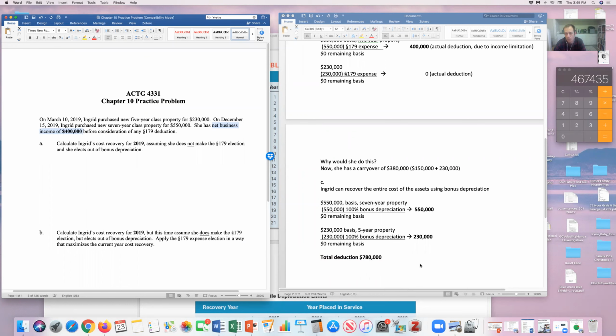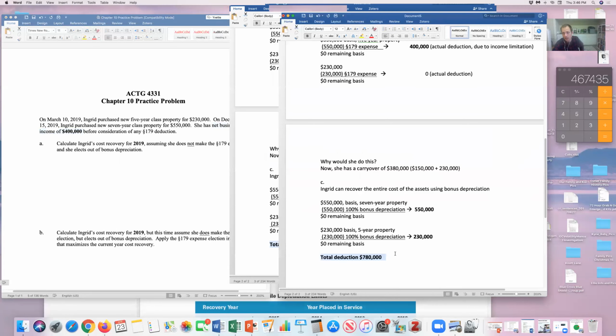So that's another reason why, if her income is limited, she might just want to use 179 expense up to that amount. Another good reason to understand how 179 works, because if you elect bonus, you have to do the full bonus. Another thing she could do, just trying to keep it simple here, is use bonus on just the 7-year property.